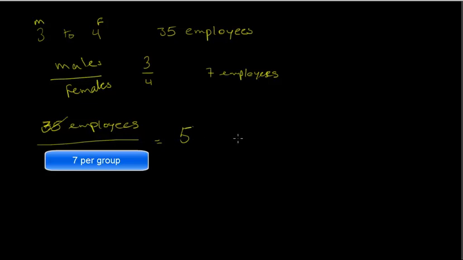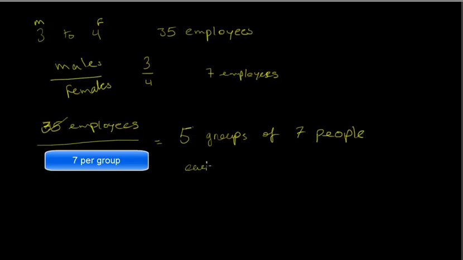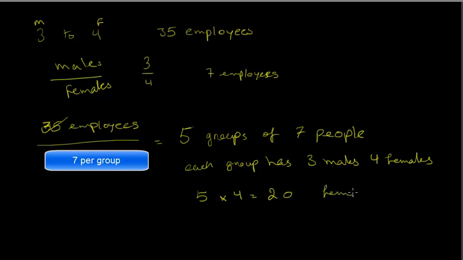So we have 5 groups of 7 people. Each group has 3 males and 4 females, right? Now we have 5 groups, and in every group there are 4 females. We have 20 female employees.